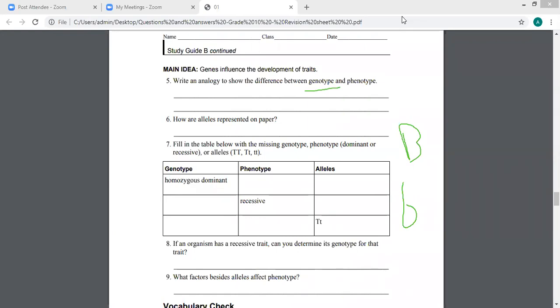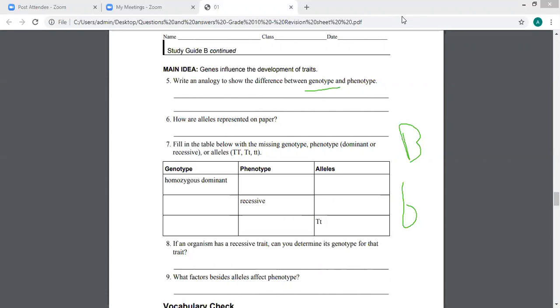Next one, how are alleles represented on a paper? If you want to write the alleles on a paper, you have two categories, homozygous and heterozygous. Any gene consists of two letters because one is inherited from the father and the other from the mother.